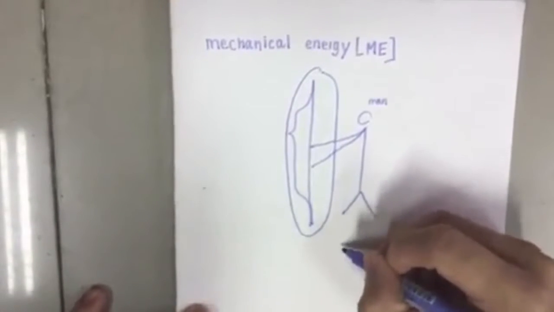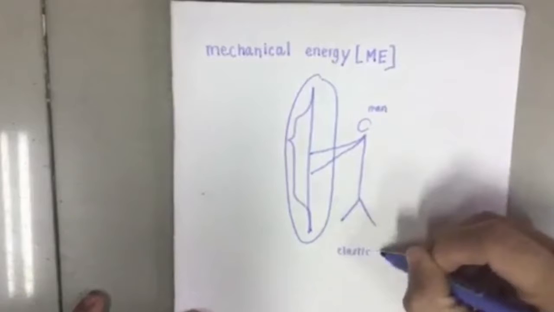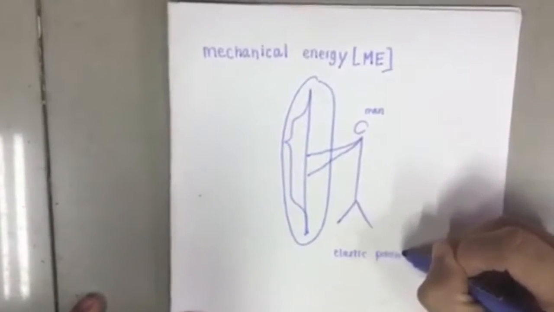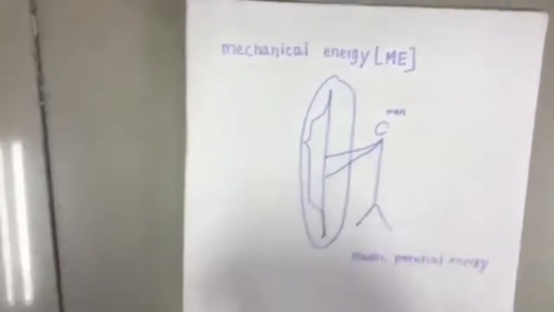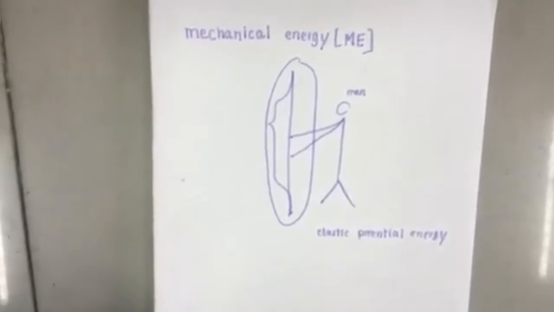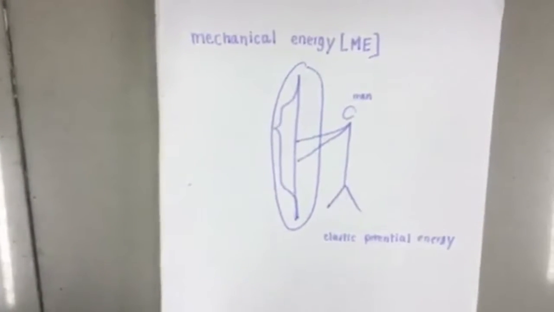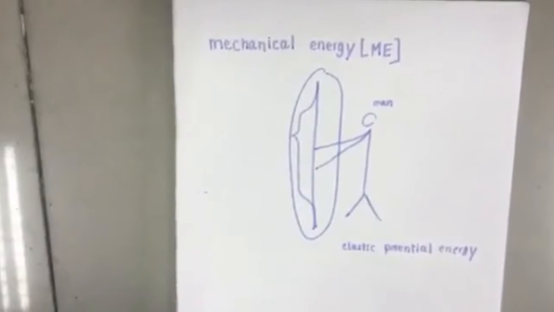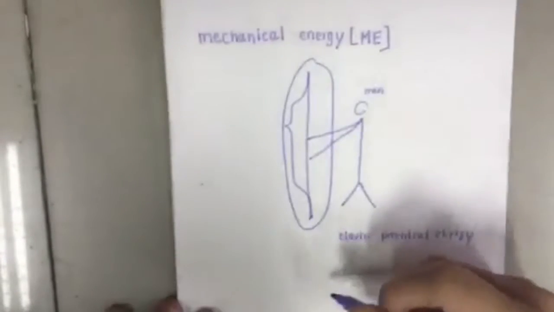As you know, an object that has mechanical energy is able to do work. For example, a hammer.